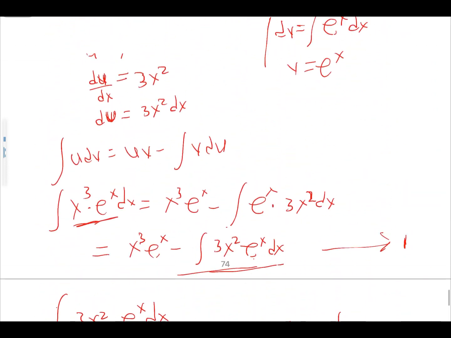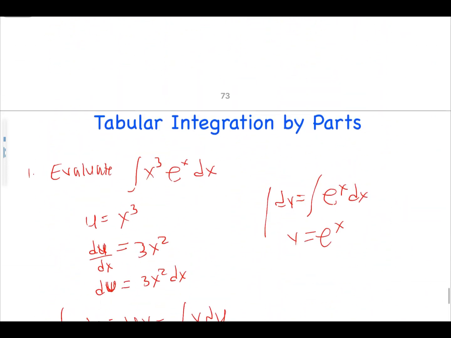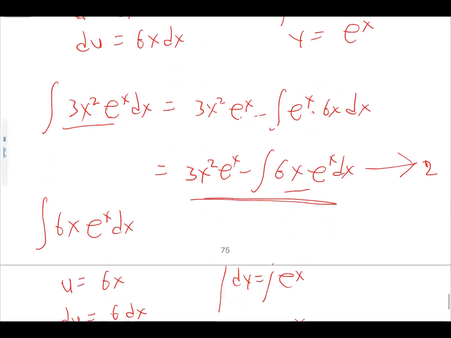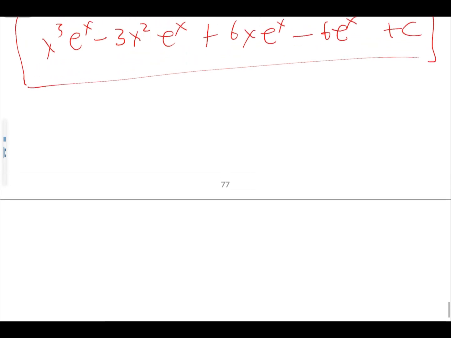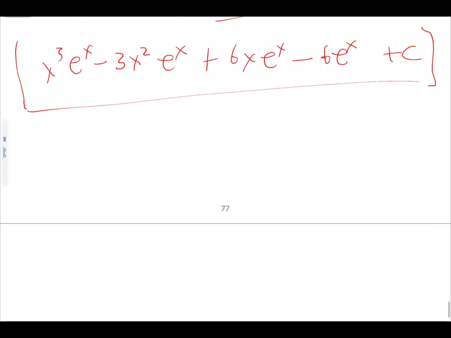The resulting answer that we have gotten by integrating x^3 e^x dx, we can do that simply by applying the tabular approach. As you can see, the first term is positive, the second term is negative, the third term is positive, the fourth term is negative, and so on.